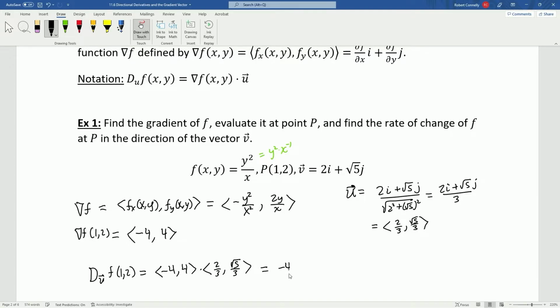That's going to give us negative 4 times 2/3 plus 4 times root 5 over 3. That's negative 8 plus 4 square root of 5, all divided by 3.